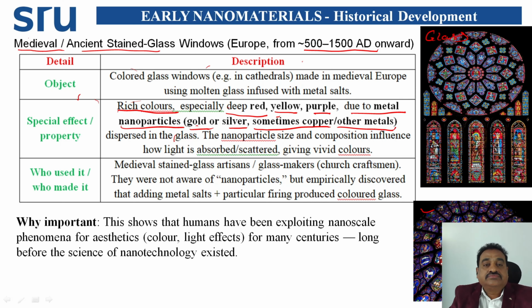These gold, silver, copper and other materials are dispersed in the glass. The nanoparticle size and composition influence how light is absorbed or scattered, giving vivid different colors.